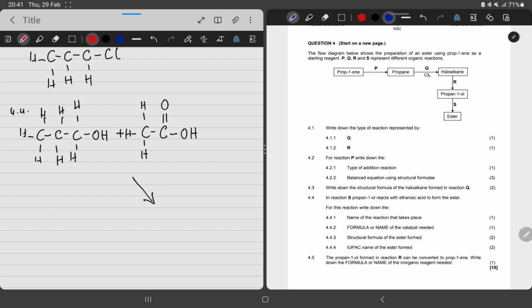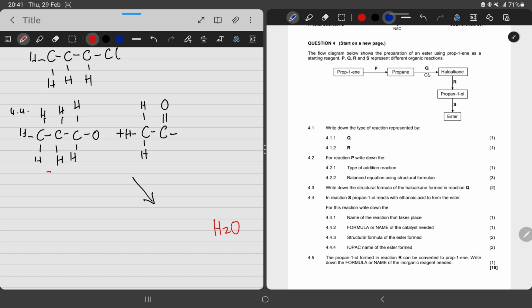And the way that we do this, we are going to remove that OH and that hydrogen. So when these two combine, they are going to form the water. Okay. So what is left now? If we remove that, we are left with those two. And then we are just going to join the two.